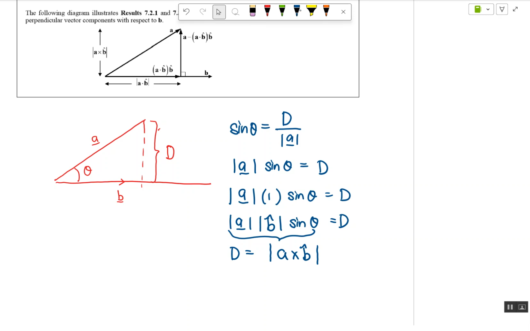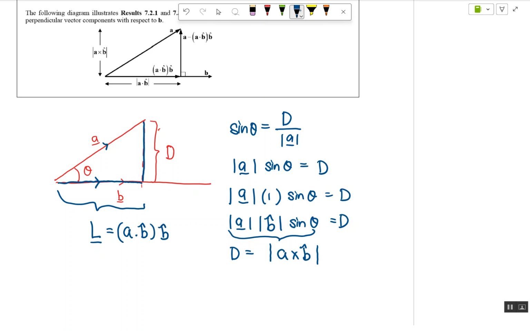And seldom do they want the vector of this. If you want the vector of this, all you need to do is close the triangle now. So I look at this and I look at this. This is called your L vector, the projection vector, which I know is A dot B hat times B hat.